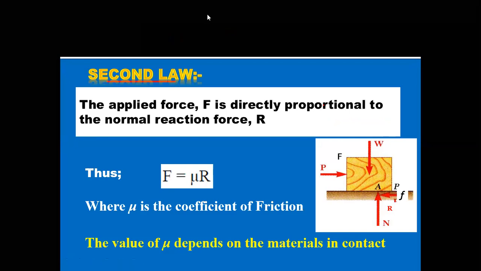In other words, if we're writing it mathematically, force applied is proportional to the normal reaction, either N or you can put R. In our context, we'll be using R. Then if we write it as an equation, that is F equals mu R, where mu is the coefficient of friction. And what we have to know is mu is not constant. It depends on the materials in contact. So we take note of that.